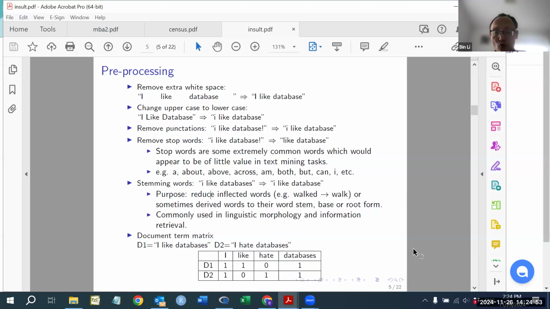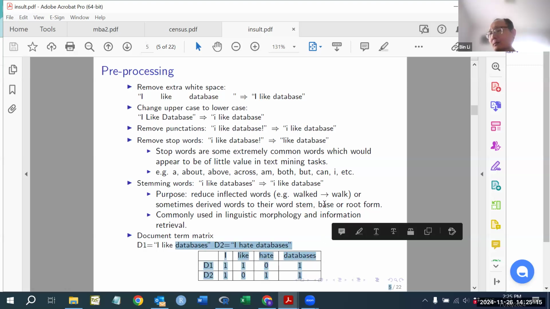Okay, for example, we have two documents, and the document term matrix columns will be I, like, hate, database. For the first document, we will have 1101. For the second document, we will have 1011, like that. Okay, so that's the output after the first step.